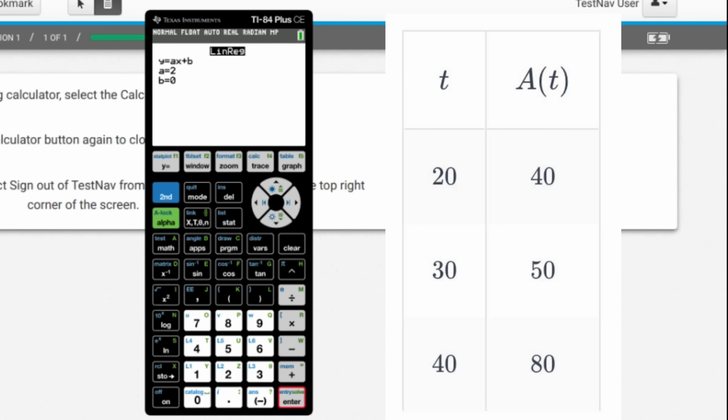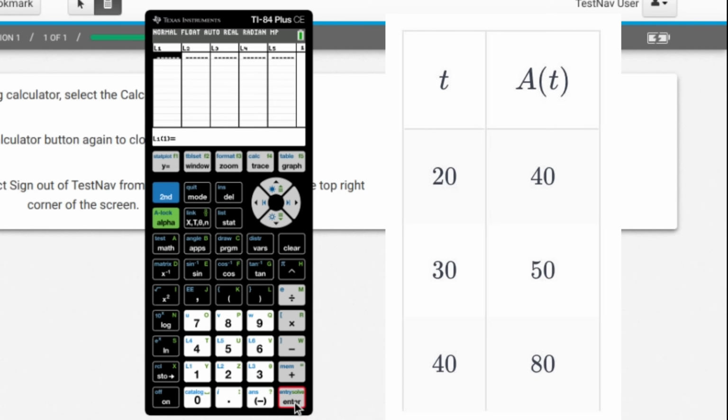What I know about quadratic is at 20, it starts quadratic. So we could use that same point. So let's quit, right? Let's clear everything, because I do like to clear everything. It just makes life easier. Second plus 7, 1, 2. Go to stat, okay? Go to edit, and we're starting over. The point 20, 40 is still part of our quadratic.